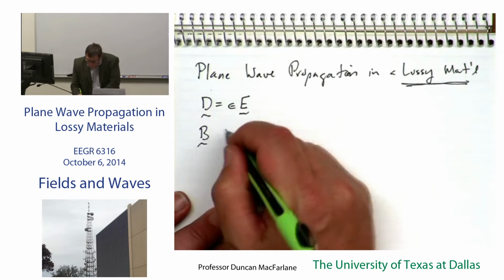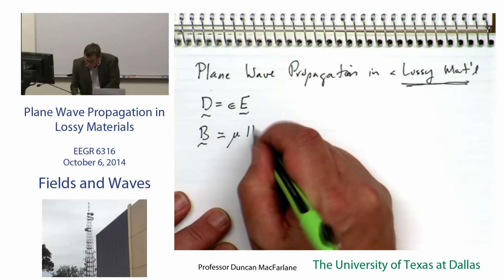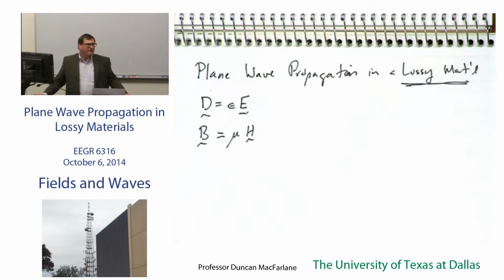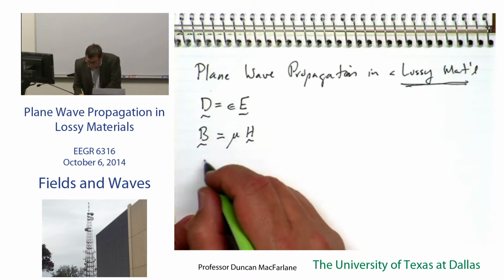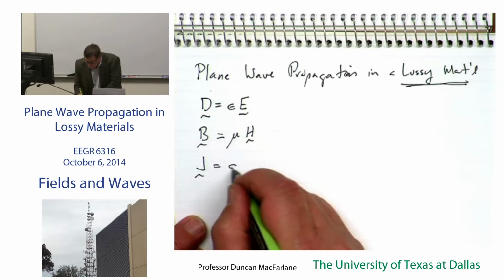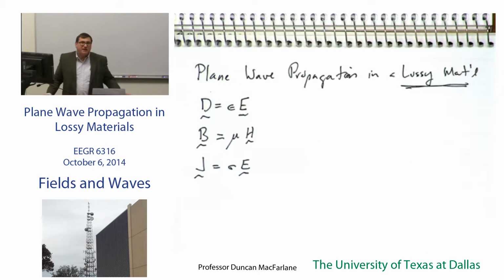B is related to H through the permeability, mu, which I like to say brings the inductance into the problem. And again, that's because the units of mu in MKS systems are henries per meter. Okay. And then we have a third constitutive relation, which is J equals sigma E.